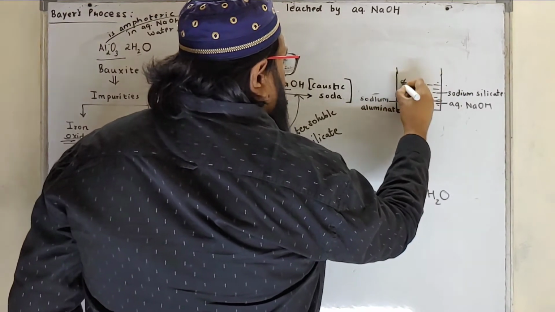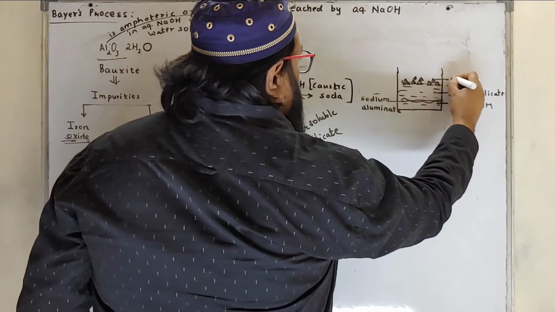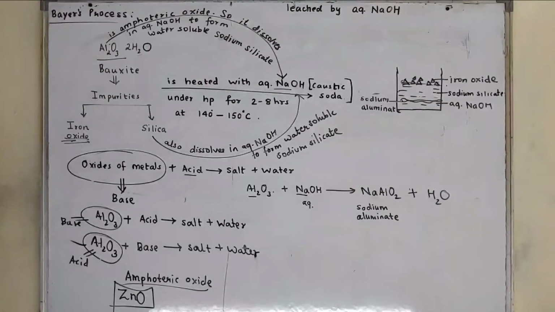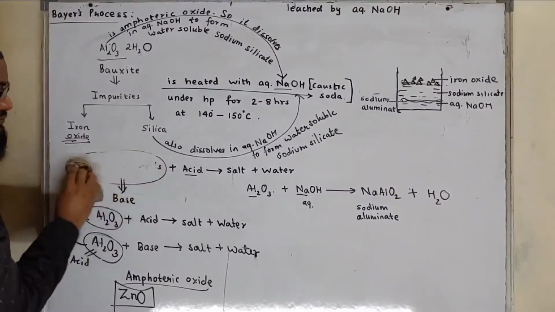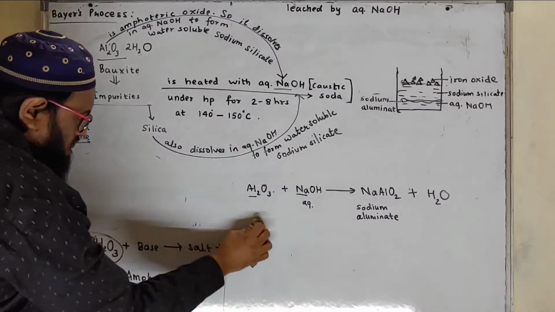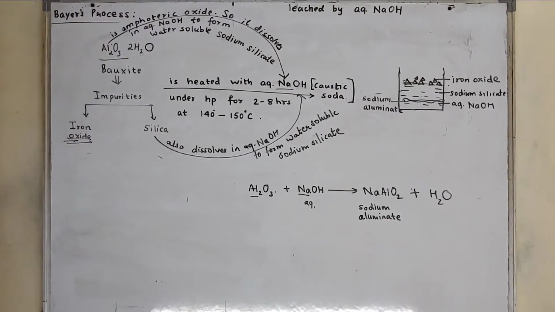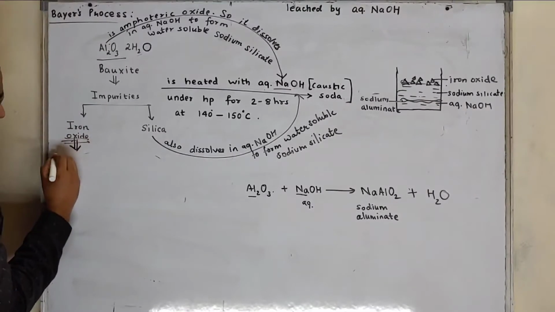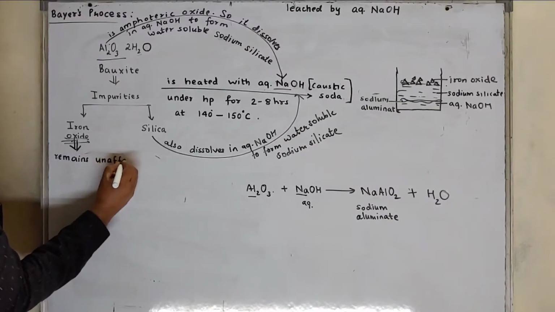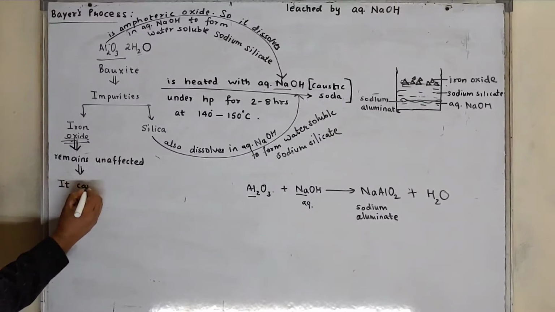Iron oxide remains unaffected. Now, if it remains unaffected, we can say it can be removed by filtration.